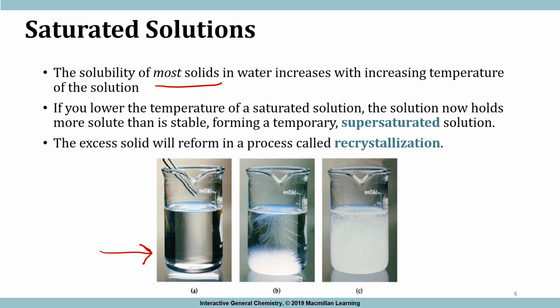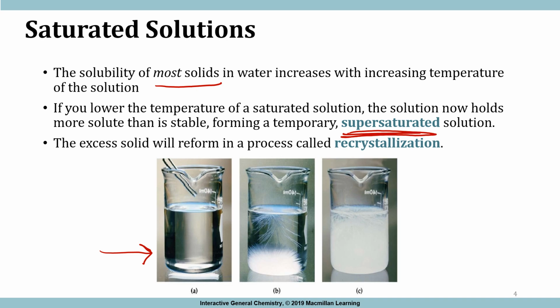As it comes back down to room temperature, it's still homogeneous, it's still dissolved. So at that temperature, we have more dissolved than normal saturation. So that's why it's called supersaturation. But eventually, as it comes back down to lower temperatures, it'll recrystallize.